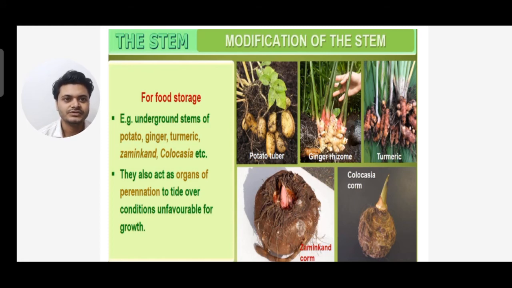You can see potato tuber, ginger rhizome, turmeric, colocasia. These are underground stems. Potato is also a stem, ginger is also a stem, turmeric is also a stem because they have nodes and internodes. Wherever they have nodes and internodes, they are called stem.